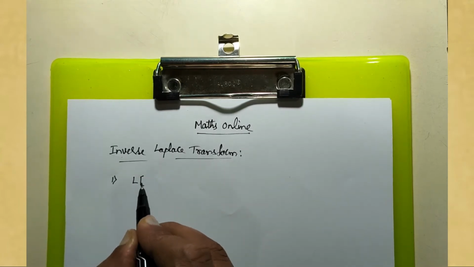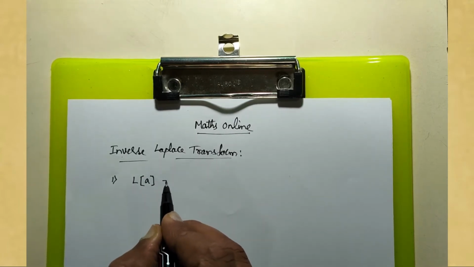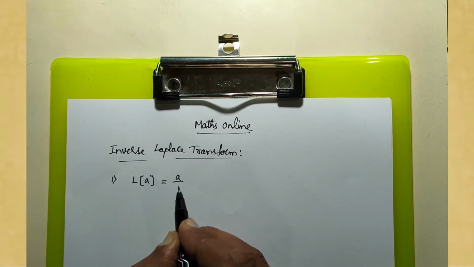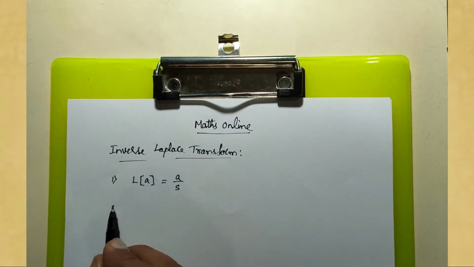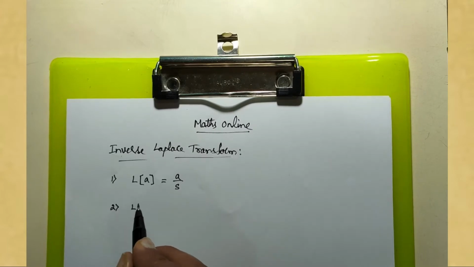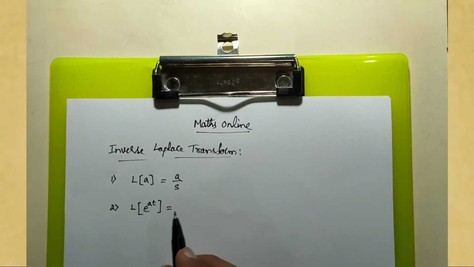So Laplace transform of a, its formula is a by s. And Laplace transform of e power of at, its formula is 1 by s minus a.